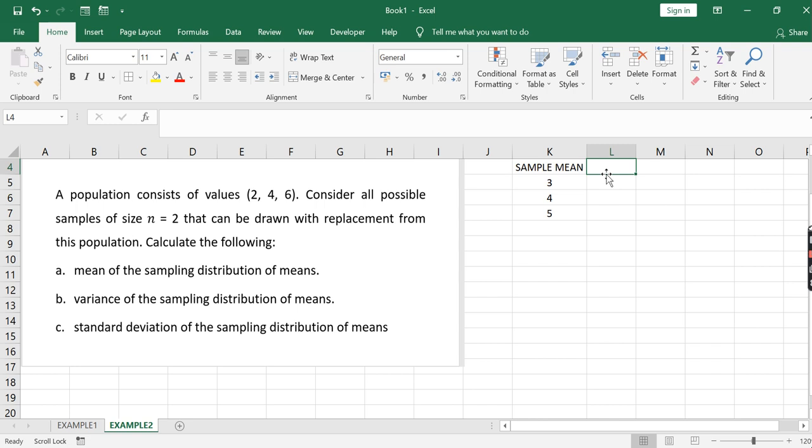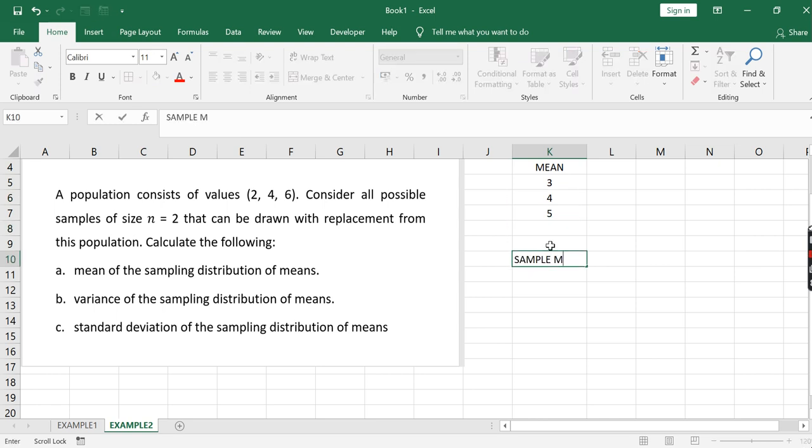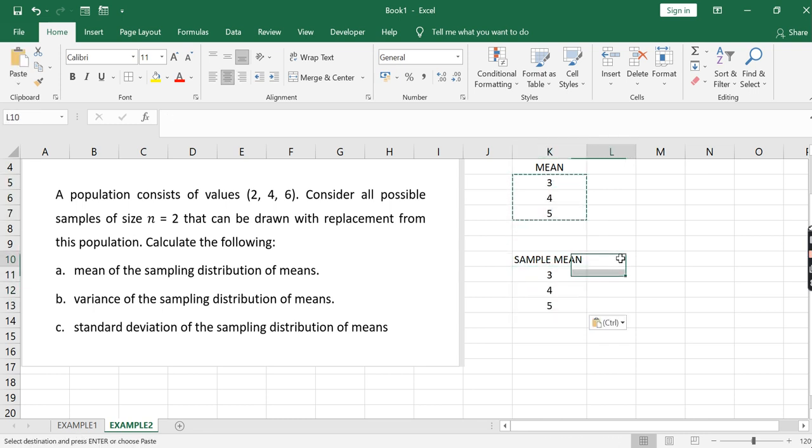So that's the reason it is called sample mean. Now, to make it more precise, let me list down the sample means here, and copy this.